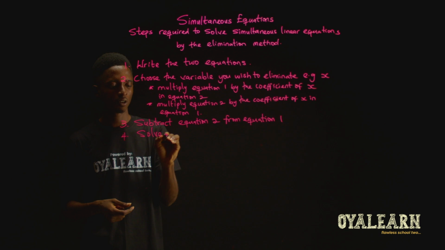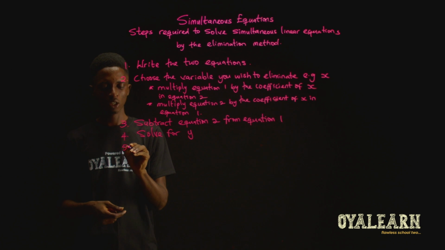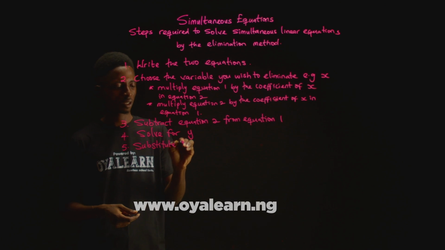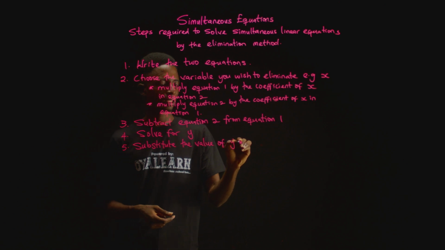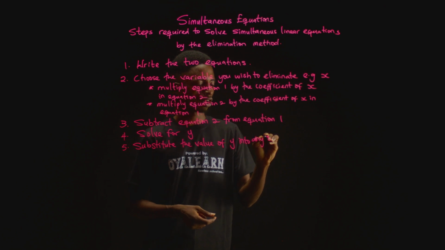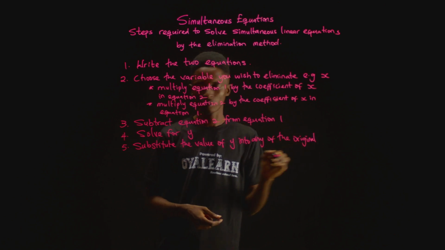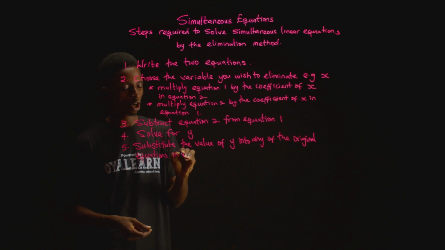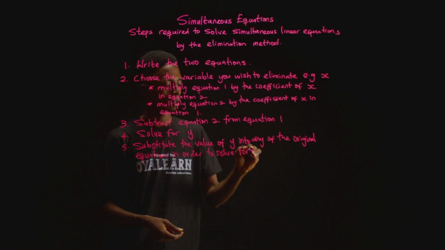You solve for y. And after that, you then substitute the value of y into any of the original equations in order to solve for x.